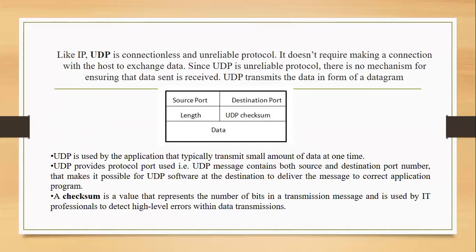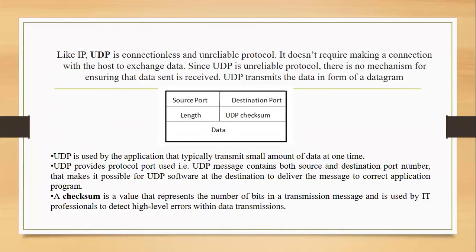Unreliable basically means we are not sure about the acknowledgement that the data was transmitted completely or not. So to make it reliable, we need a reliable protocol. As there is no mechanism for ensuring the data sent is received, it also transmits data in the form of datagrams.